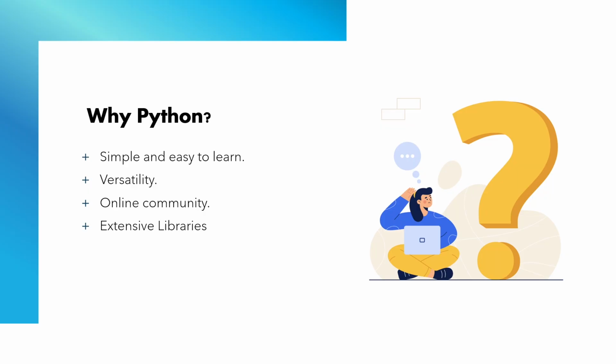There are thousands of YouTube channels, blogs, and documentation about Python, and because of this, it's almost impossible for you to get stuck when you run into any sort of issues in the course of using Python or learning how to program in Python. Python also has extensive libraries. Apart from the standard libraries that come as part of the Python installation, there are thousands of third-party libraries that you can use to accelerate your development.